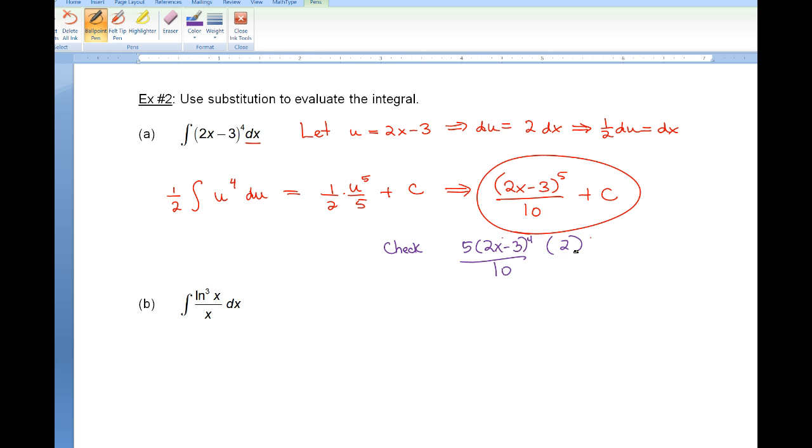The 5 goes to the front, times the derivative of the inside. What happens with the 5 and 2? Everything cancels, and you just get (2x minus 3) to the 4th, which is what we wanted. You see how you can check it really quickly and verify that you did it correctly.